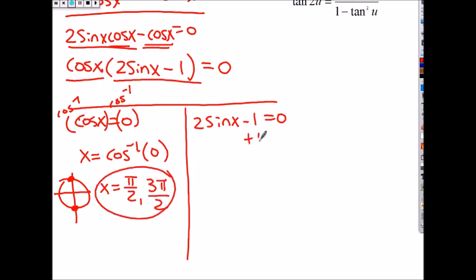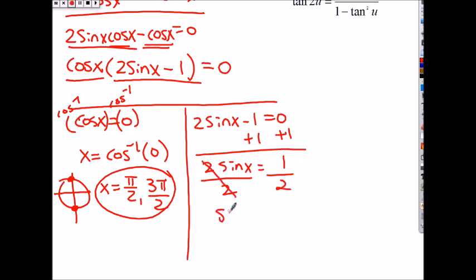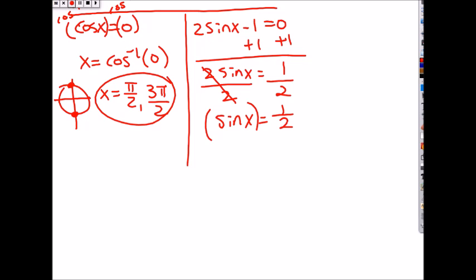Here, move 1 first. So it's 2 sine of x equals 1 and divide by 2. So you get sine of x becomes 1 over 2. Again, you take inverse of sine, you call it arc sine, because we're solving for x, meaning put x by itself.